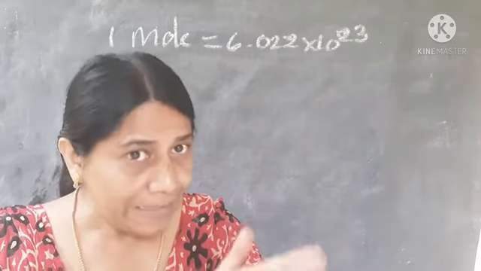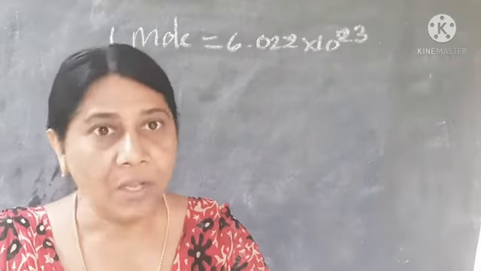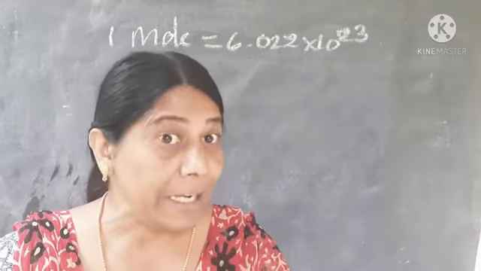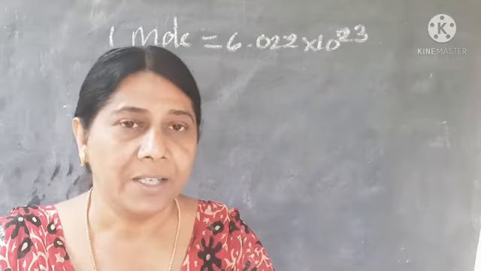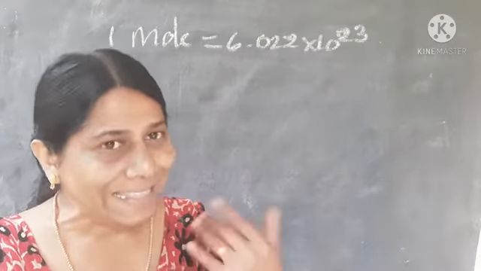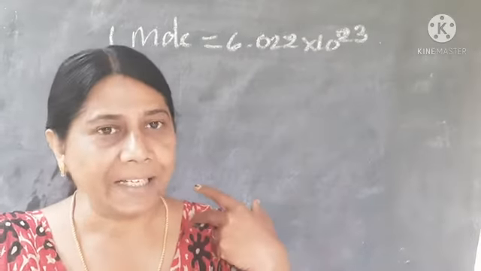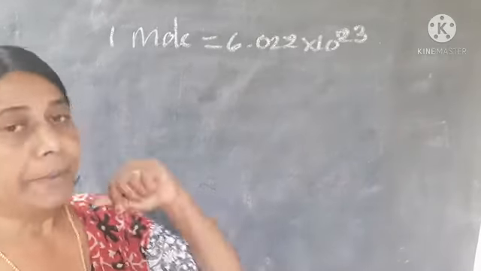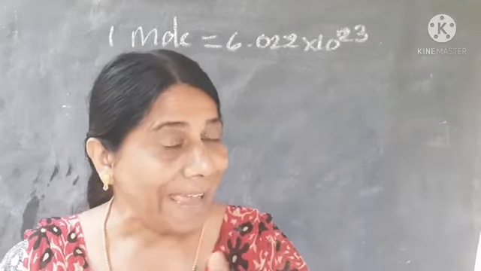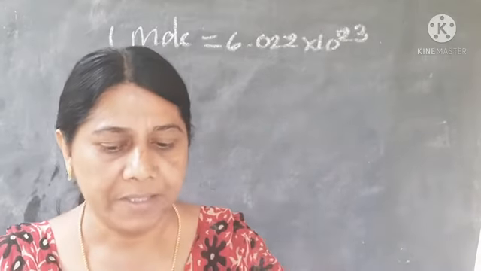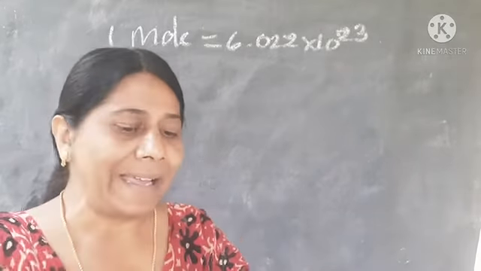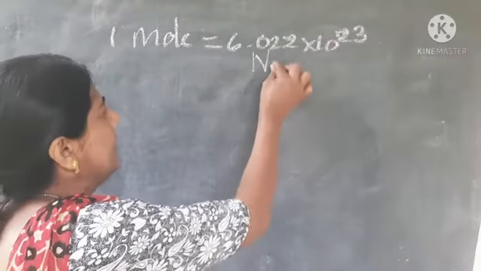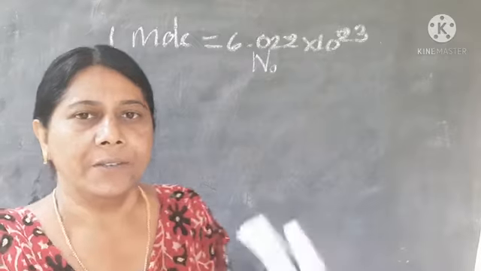In 1 mole, this many atoms are present. For example, I have already told you 1 dozen means 12. In the same way, they measured the atoms using the term mole, and this number is called the Avogadro number. It is denoted by N0.